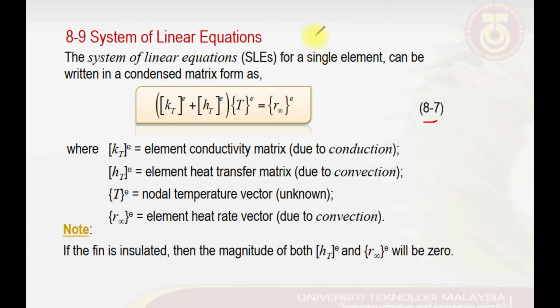The equation contains K plus H, which is the combination of the conduction and convection, multiplied by T, which is the temperature that we are going to determine, and all of this will be equal to R, where R came from the boundary conditions and the convection process.